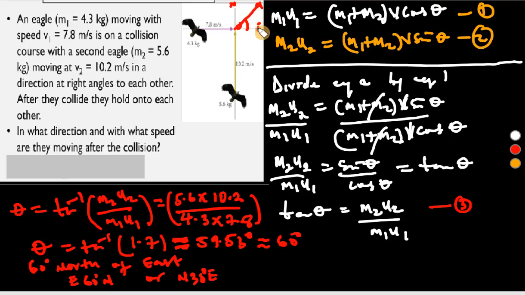Or you can find the remaining angle here, which is 30 degrees, since the sum of angles here is 90 degrees. So you have north 30 degrees east, which means 30 degrees east of north. So this is the direction. How can we now find the speed, the speed at which they are moving after the collision?